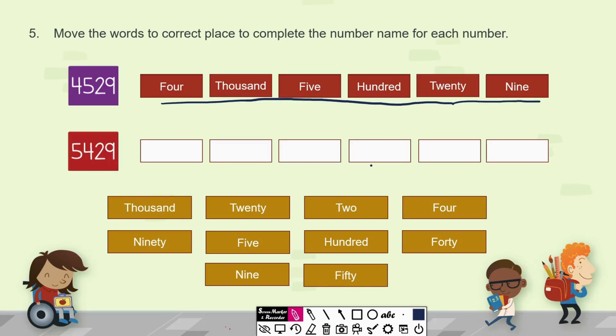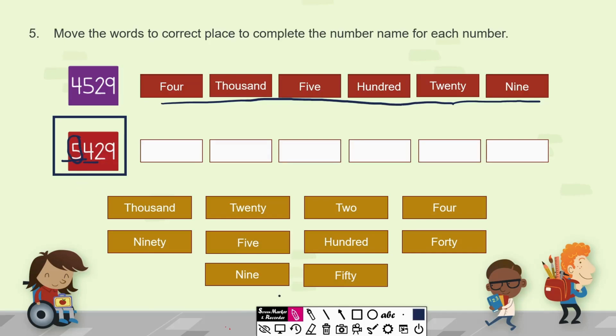So the number is 4,529. Okay, now let's come to this number. Now you all can do it. I already explained how you can do it. The number at thousands place is 5. The number at hundreds place is 4. After that it is 29. So let's do it. What do we need to search first?